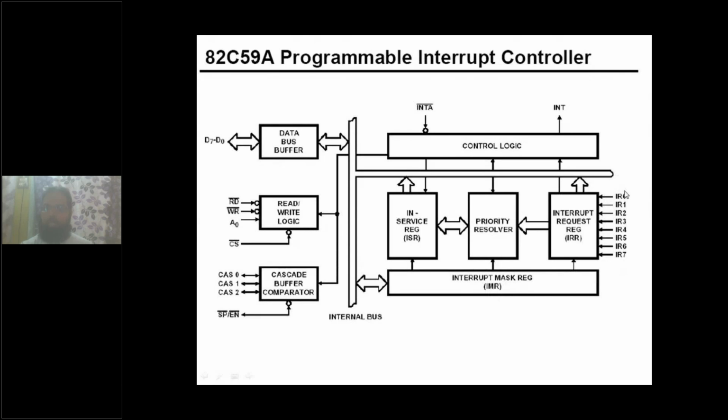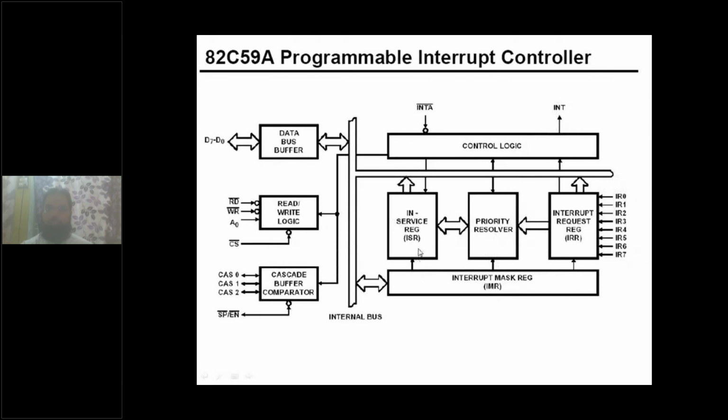Now the interrupts at IR0 and IR7 are both accepted, so the priority will be resolved here, because only one interrupt needs to be transferred to the processor. The priority resolver resolves the priority among the unmasked interrupts and sends the highest priority interrupt to the processor.